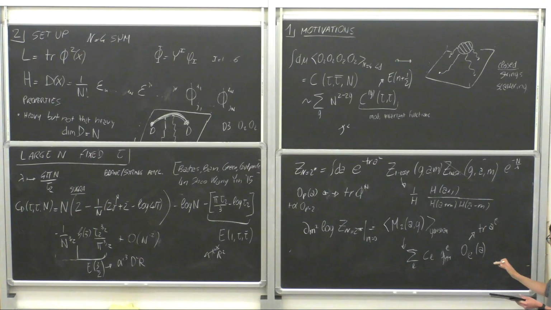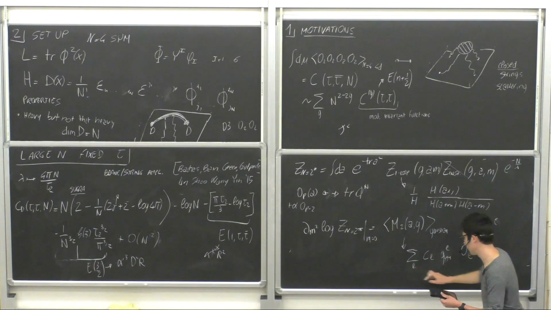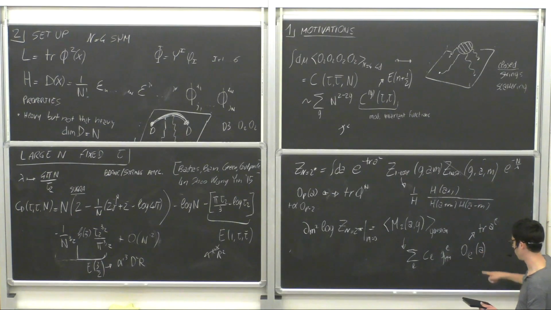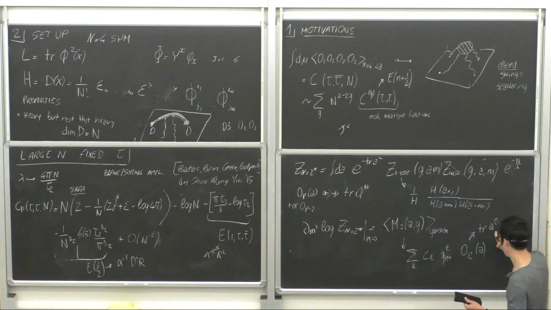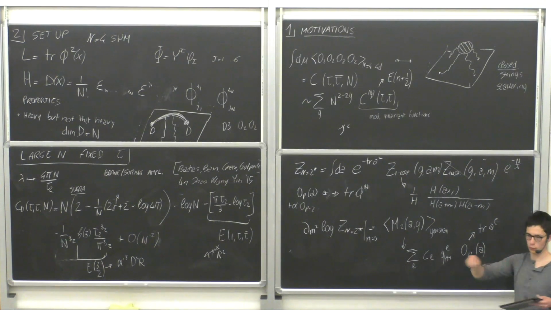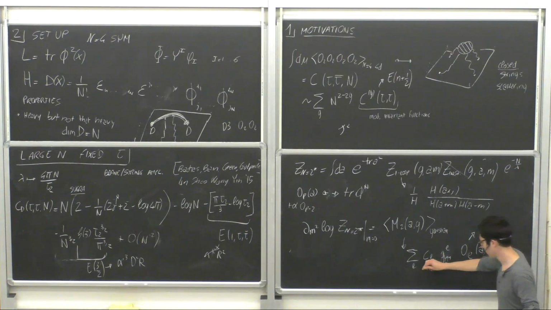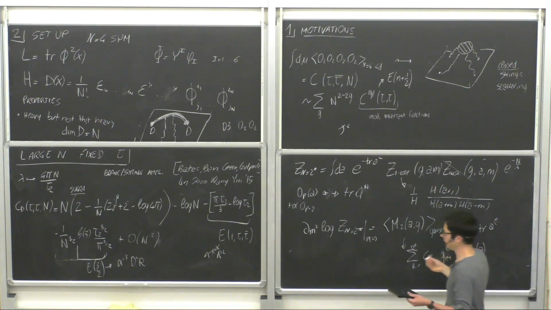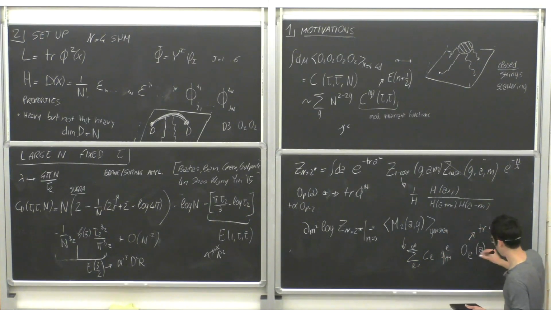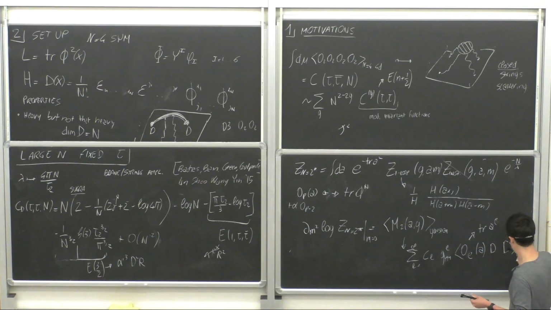But the technical point is that this is already quite complicated. Actually, this includes not only the single trace, but all the multi-trace operators, so of course this is an infinite sum. And we now simply insert these determinant operators formally here. And we then compute this object in the Gaussian matrix model.